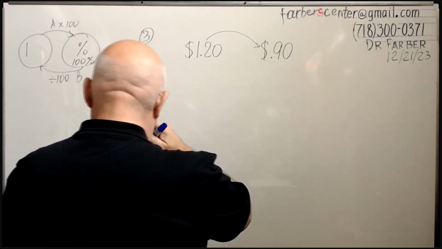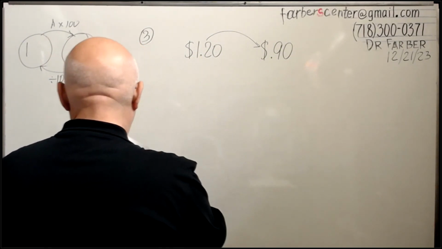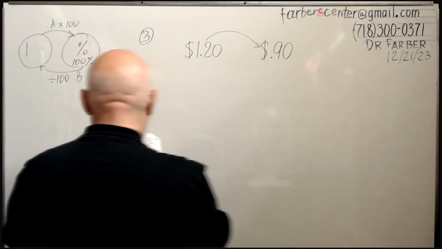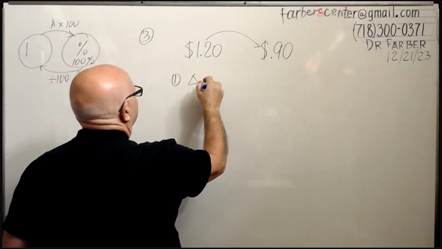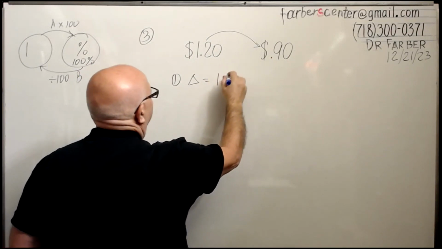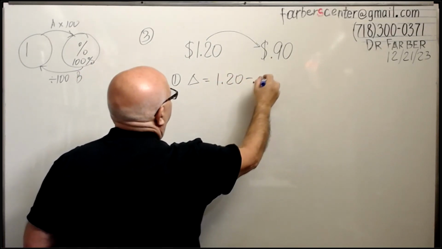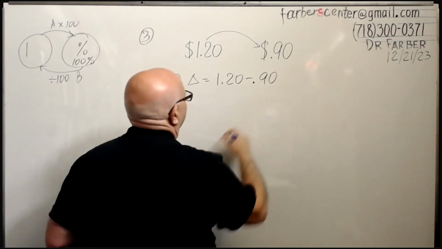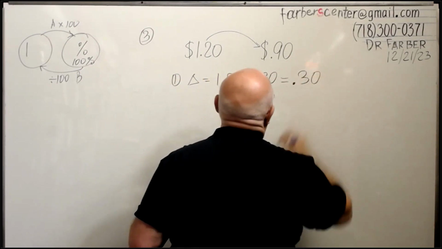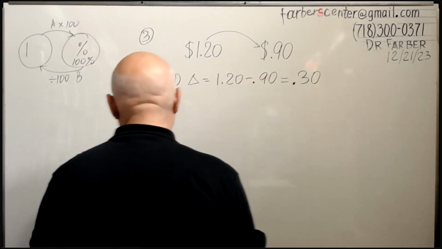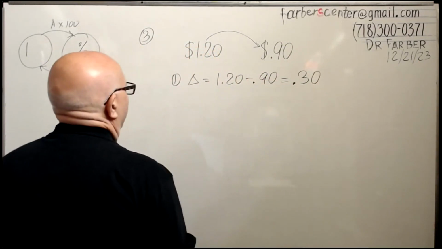The rate of discount: this is even easier to solve. Step number 1, find the delta difference. 1.20 minus 0.90, you have 0.30. Actually 30 cents. Better to use 30 cents.